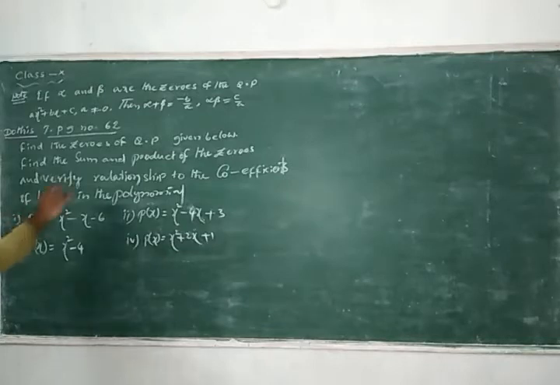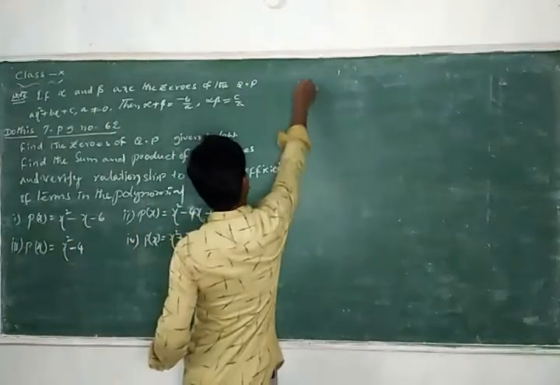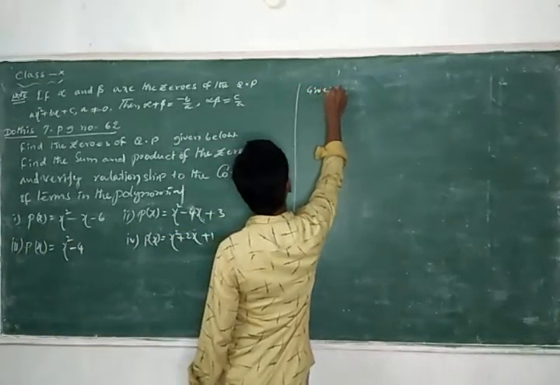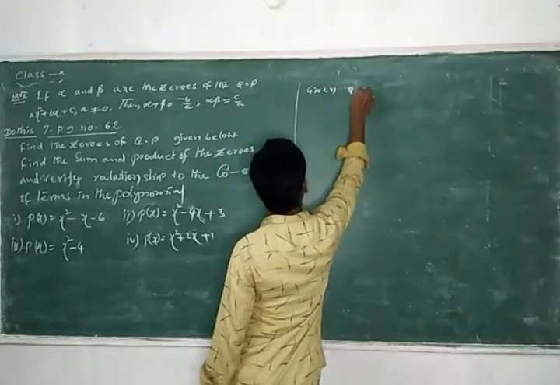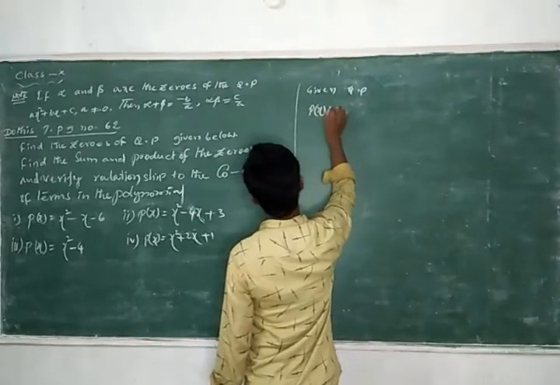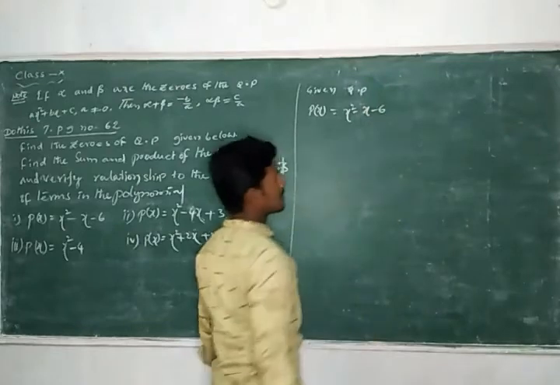Now let's take the first one: x square minus x minus 6. The quadratic polynomial p of x is equal to x square minus x minus 6.